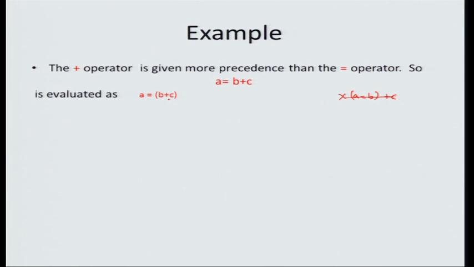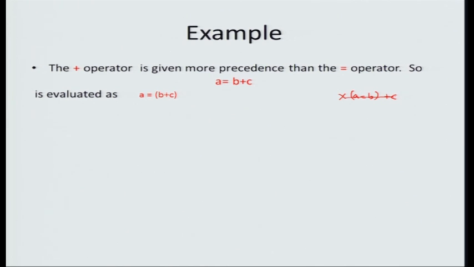So one way I can ensure that is by saying that please do B plus C first, and then take that result and assign it to A. So one way of doing that is to say whenever equal to and plus appear together, give more importance to plus, do that first.